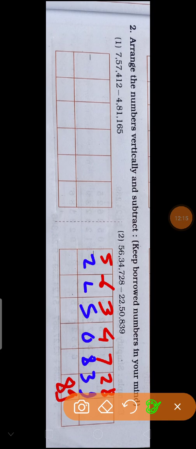Now here 6. 6 minus 8 is not possible. Again we will take a borrow from the next place, meaning 4 minus 1, 3. And which number forms here? 16. So 16 minus 8, 8. And here 3 minus 0, 3. 3 minus 5, it's not possible. Then what will we do?